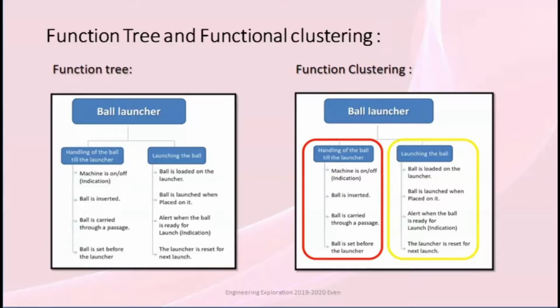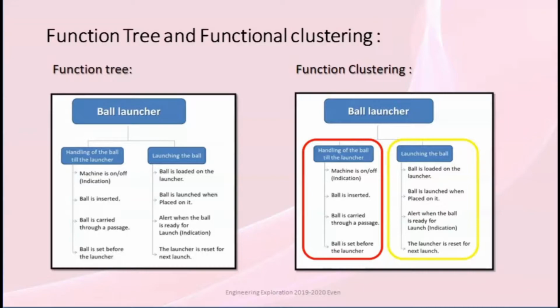In launching the ball, we have some more sub functions. Ball is loaded on the launcher, ball is launched when placed on it, indication that the ball is ready for launch, and launcher is reset for the next launch.